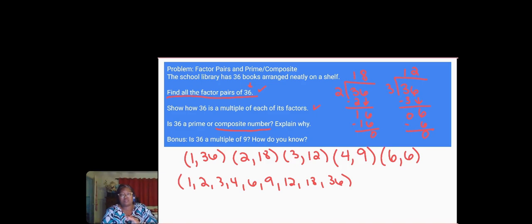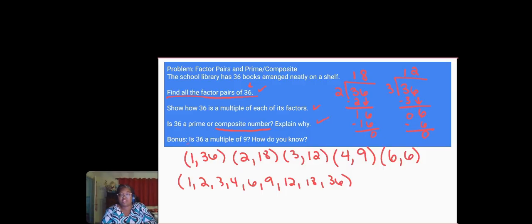So a prime has exactly two factors, one and itself, and a composite number has three or more. In this case, it will be 1, 2, 3, 4, 6, 9, and so on. So now we have explained why 36 is a composite number.